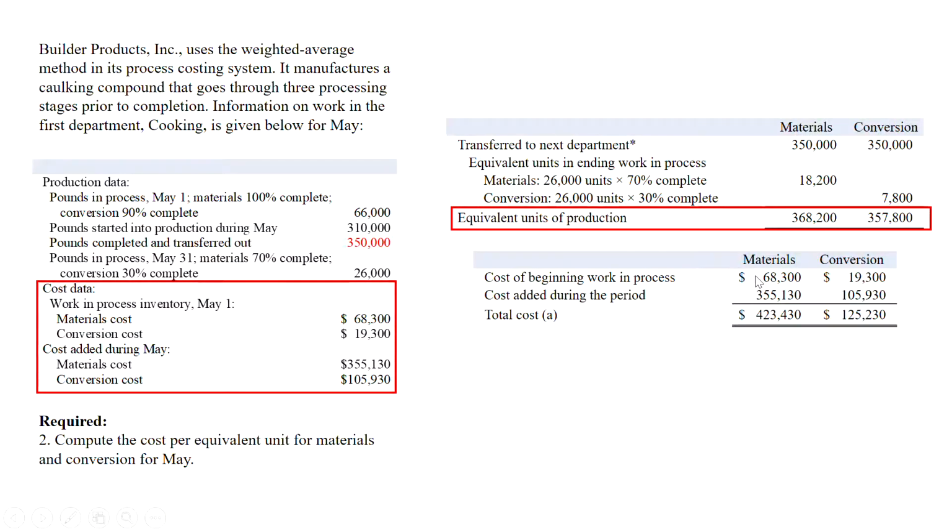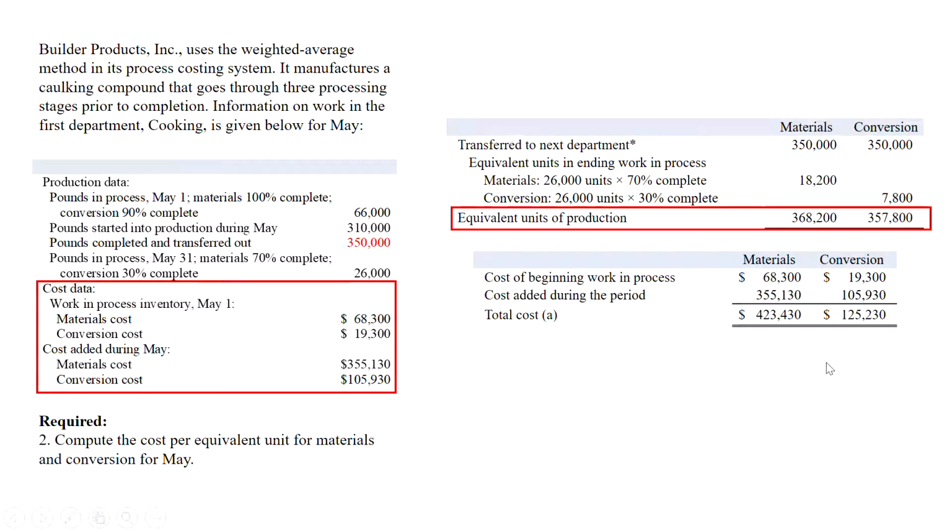The cost of beginning work in process inventory, 68,300, added to the cost of material added in, 355,130, gives us a total cost of material of 423,430. Same thing for conversion. Beginning work in process for conversion, 19,300, plus conversion cost added in, 105,930. Add those two numbers together and I get total cost of conversion of 125,230.